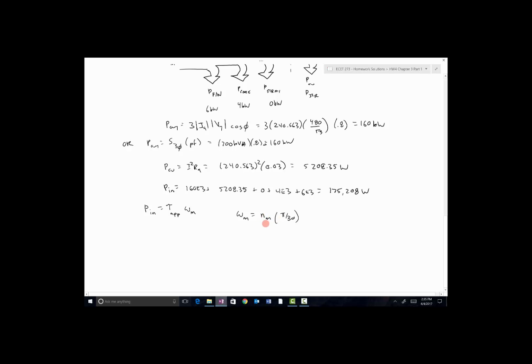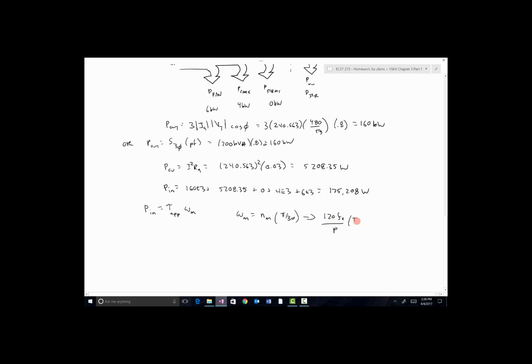So we've got that, but next we need to determine N_m, and we can just plug in: we take 120 times the electrical frequency divided by the number of poles. That gives us N_m, the mechanical rate of rotation.